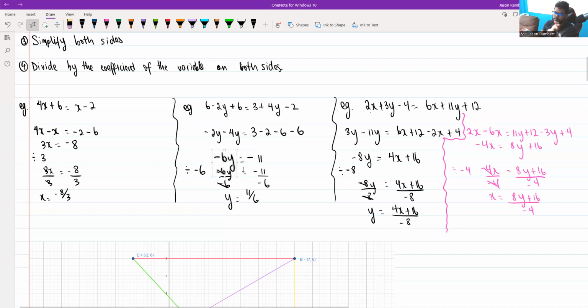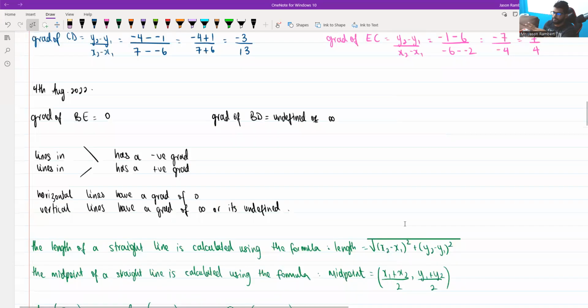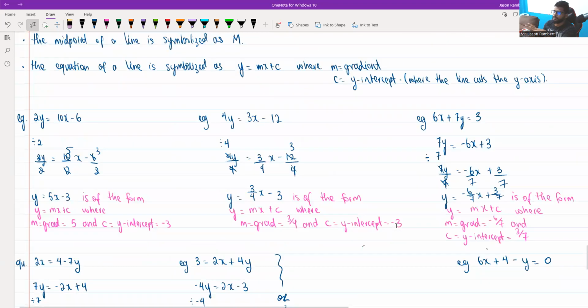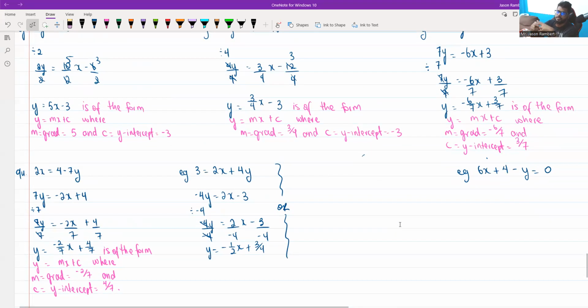This one was negative, no problem. This one was negative, no problem, because we didn't separate them. Down here, for all of these equations, we dealt with positive coefficients of y until we reach this one, which is a negative coefficient of y. I might as well leave y positive because it's easy to work with.